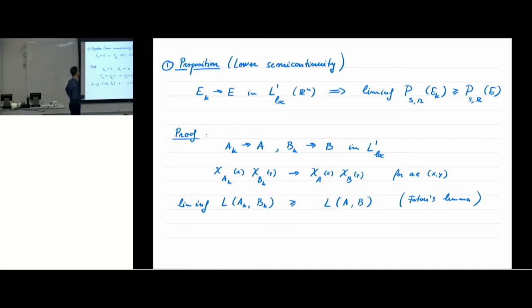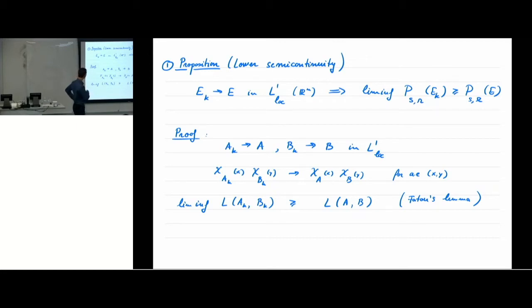in measure theory. So I'm trying to copy what I was doing for the classical perimeter, and one of the most important properties was this lower semi-continuity.